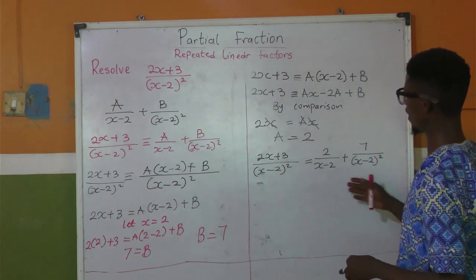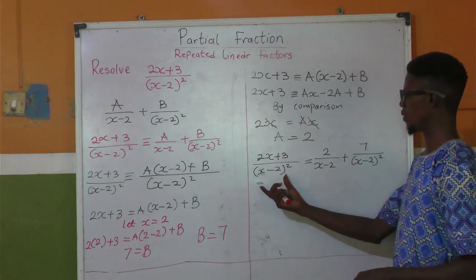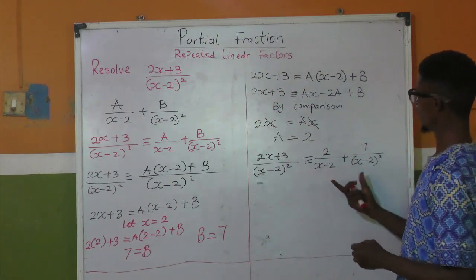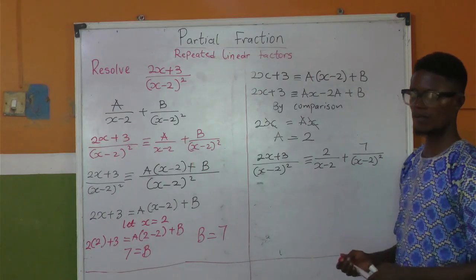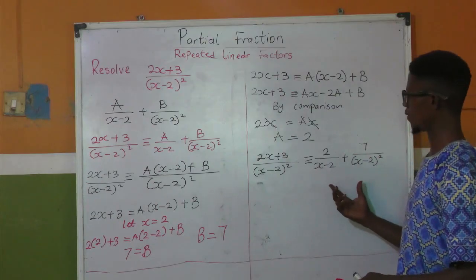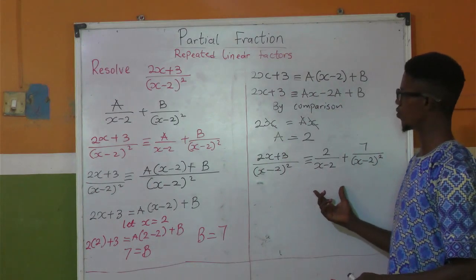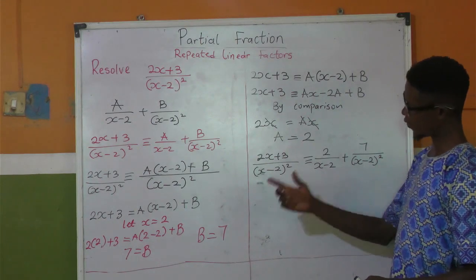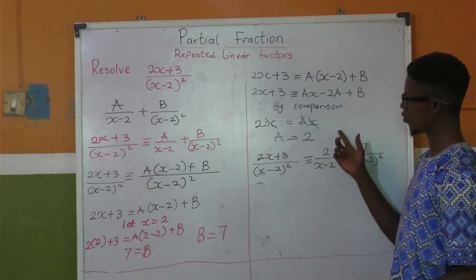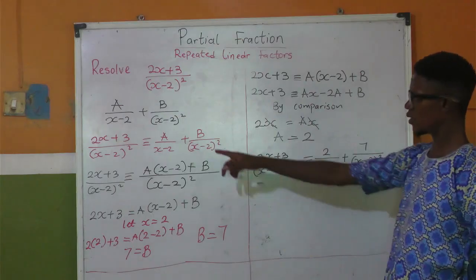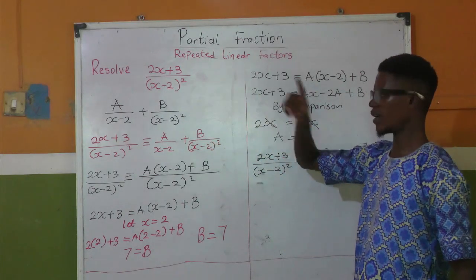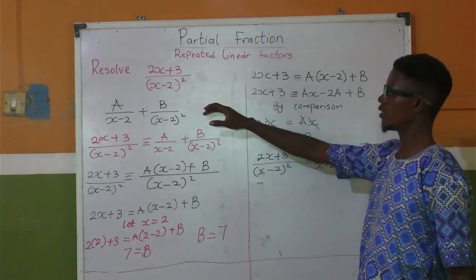So this is the value of our expression, and this expression is equivalent to this. You can also perform your check, like I've always taught you, to see that what you have done is correct. So don't be shy. Follow the principles that I've taught you here for how to obtain the unknowns. Take note that this expression will repeat until you get to the higher powers. That's the most vital thing about the repeated linear factor.